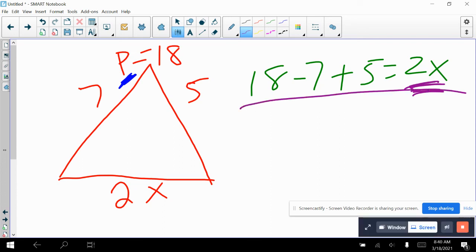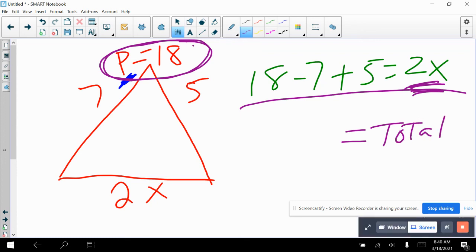When you look at these, let me give you a heads up. It doesn't matter what side of the equal sign it goes to, but I would say generally math people write it on the right. Whatever you're trying to find, when they give you the total of something, goes all by itself.